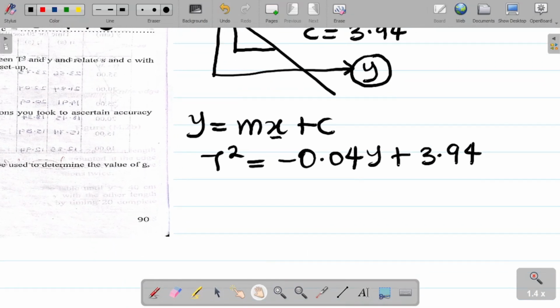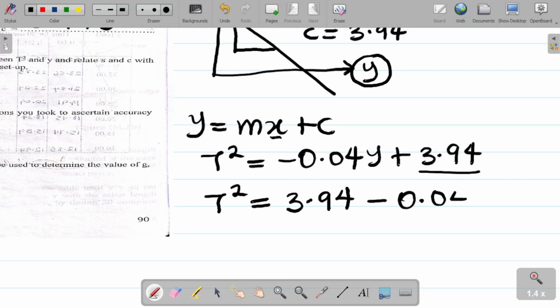If you want to, you can still rewrite this by saying that t squared is equal to, take the positive first, 3.94 minus 0.04y. This is much more proper. Now, if you leave it as t squared equals minus 0.04y plus 3.94, it's correct. But when it comes to mathematical convention, it's better you take the positive one first, which is 3.94, before the negative one.